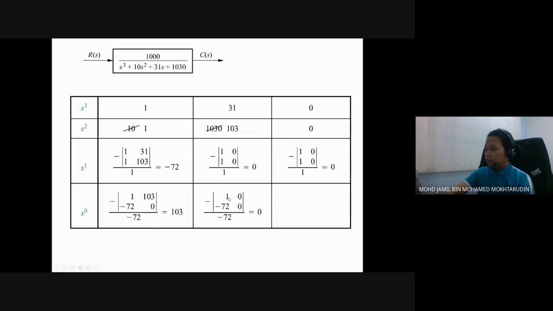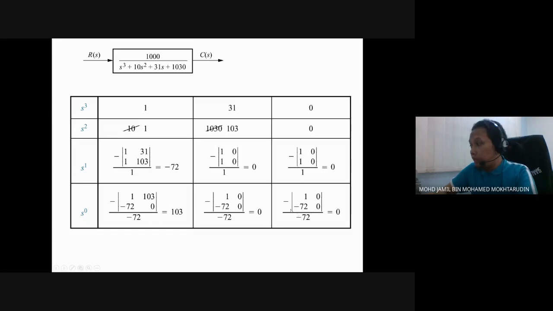And then the second box, you take this value 1, negative 72, 0, and 0 here. And then you get 0 values. And then the last one, you take the value 1 here, negative 72, 0 in this column, so no values, so 0, and then also 0 here, divided by negative 72, and then you will get 0. Okay.